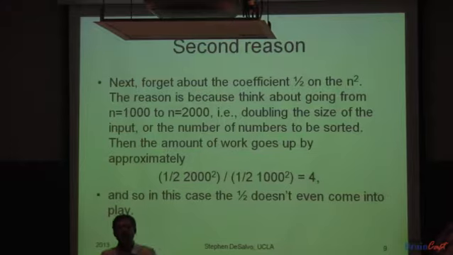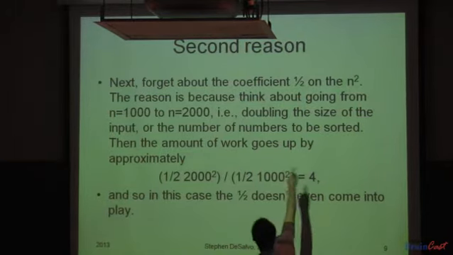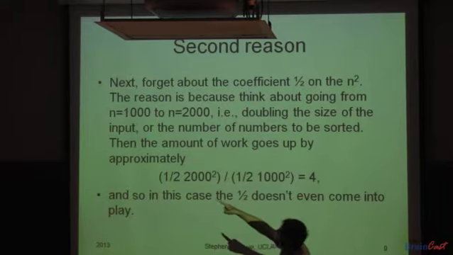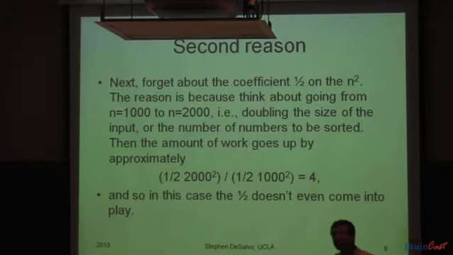Okay? So the constant in front will give you that baseline reading, but you're not really interested per se in exactly how much time it's going to take for 500 elements to be sorted. You want to compare that to, say, I sorted 100 elements in 5 seconds. If I double that number, the time should do what approximately? Should it double? Should it triple? Should it quadruple? Should it go up by a factor of 10? You want to get an idea of how the time of the algorithm changes when you, for example, double the input size. Okay? So when you do that, you have this quotient equation set up. In other words, if I want to go from n equals 1,000 to 2,000, then the amount of work goes up by a factor of 4.